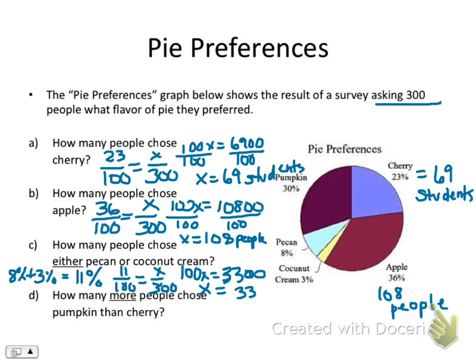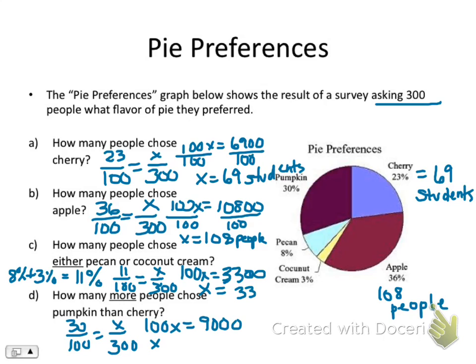And then how many more people chose the pumpkin than the cherry? Well, we know the cherry, so we have to calculate the pumpkin, which is 30%. So 30 over 100 equals x over 300. 100x equals 9,000.